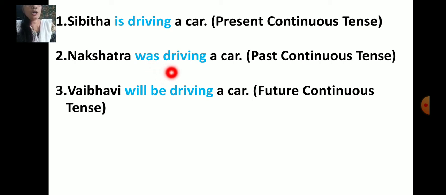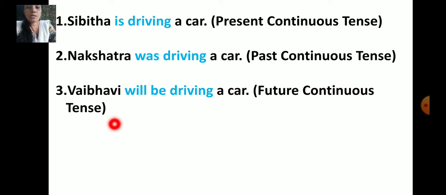So was driving a car. So here the verb driving shows the action is continued and the helping verb was indicates the past tense. So when we put together was driving, they form a past continuous tense.